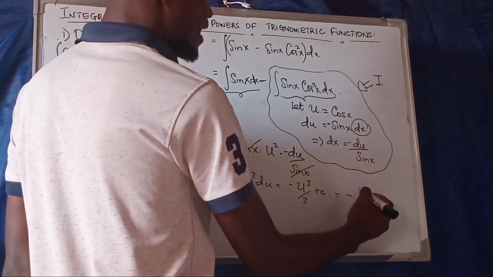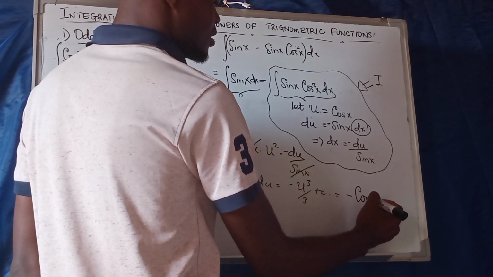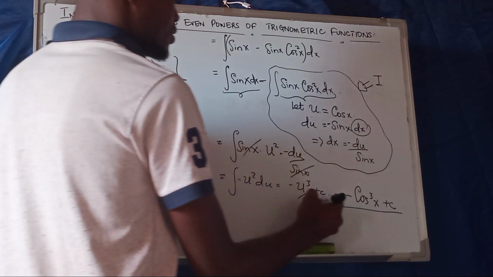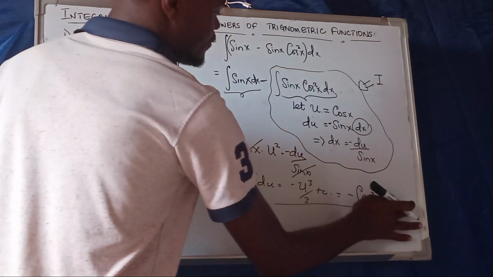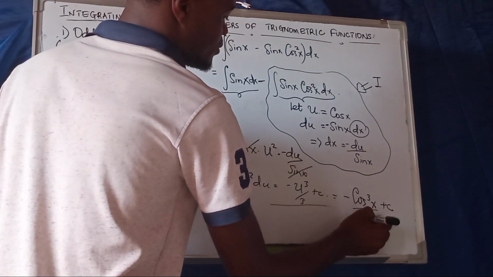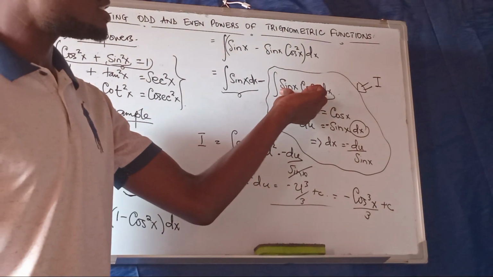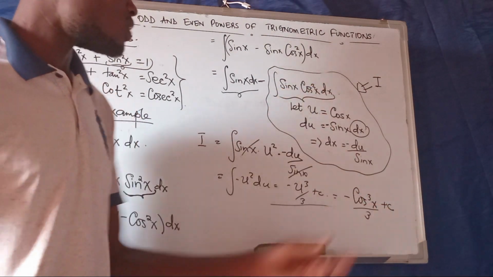So this is minus cos power 3 x over 3. So it means that when we integrate this, we get this one.